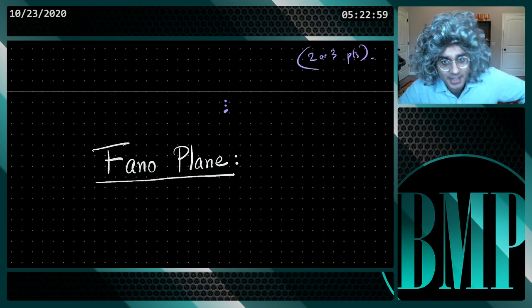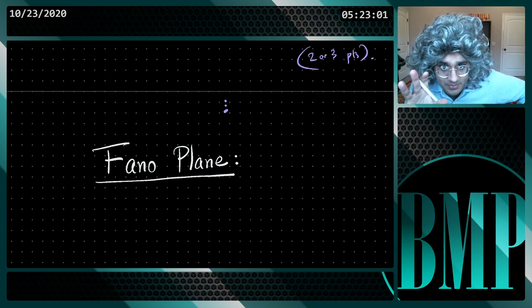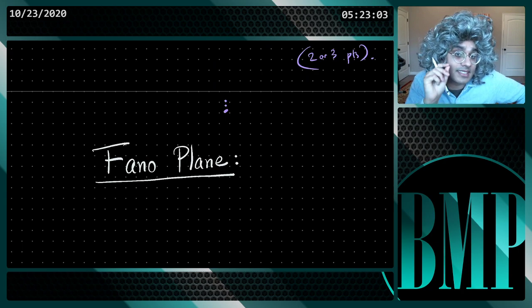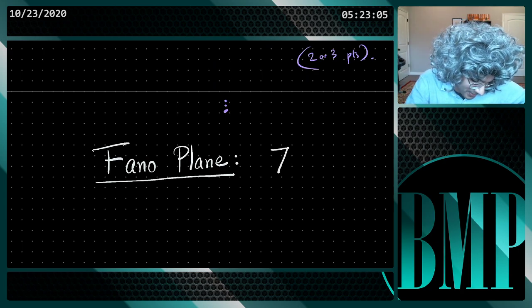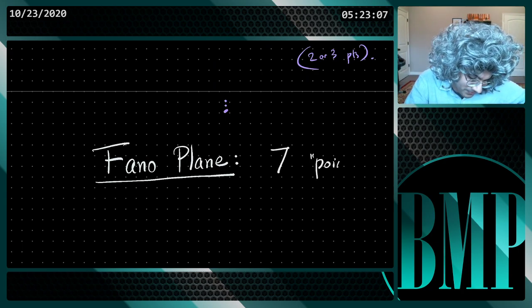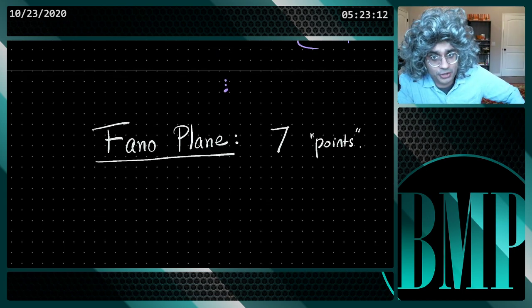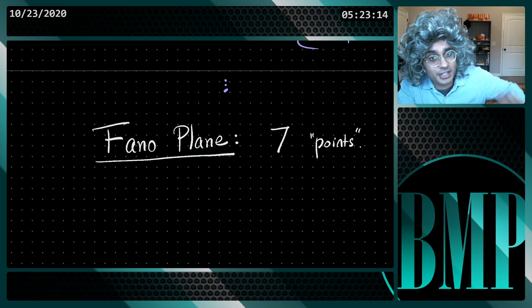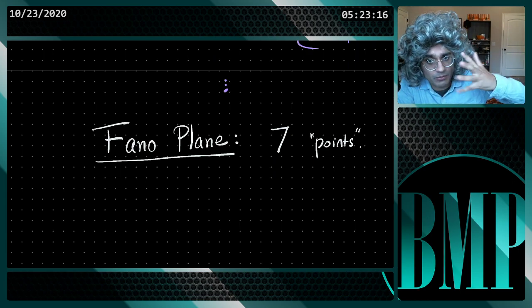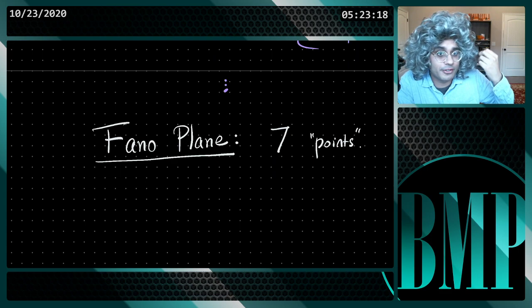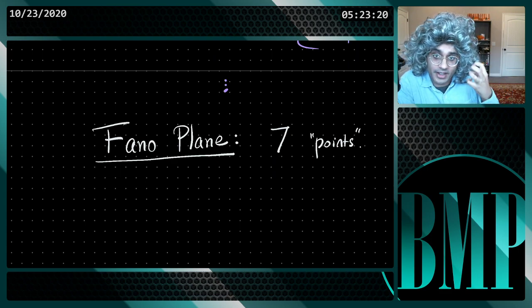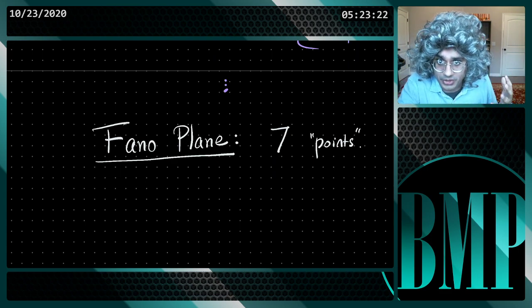The Monoplane, Sloth, is a set that has 7 elements. There are 7 points. And I'm going to draw a picture. It's just a graphical representation of an example of a finite geometry.